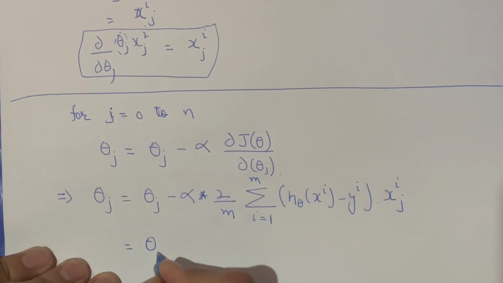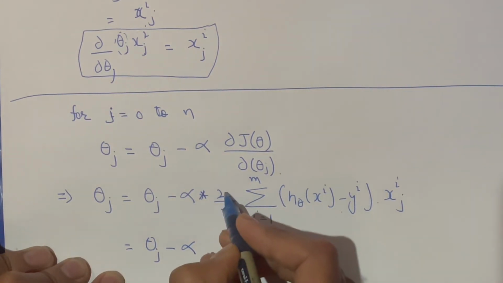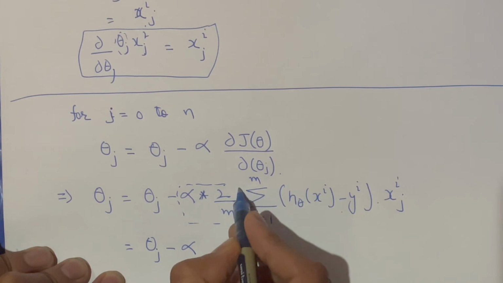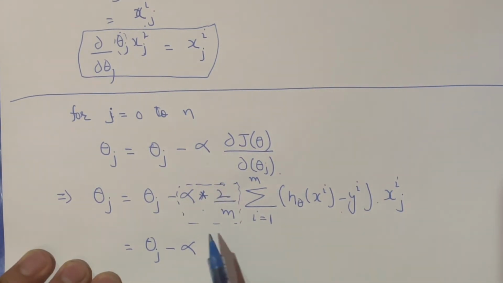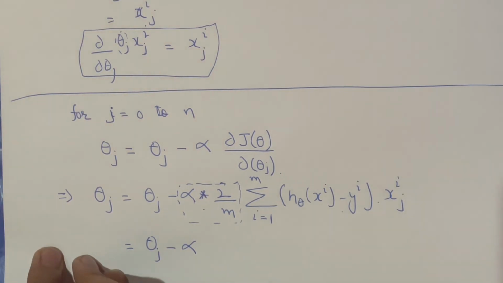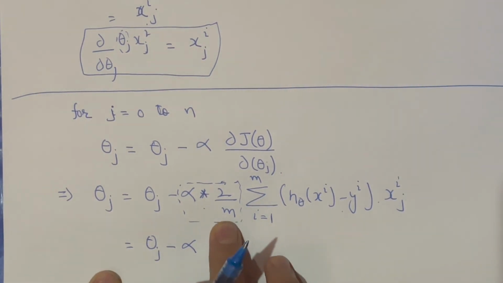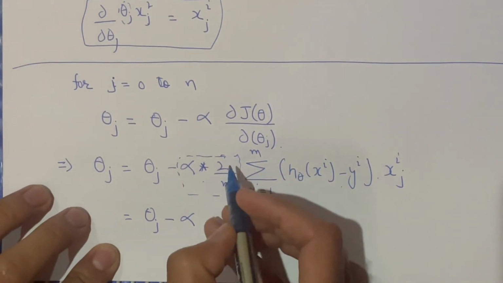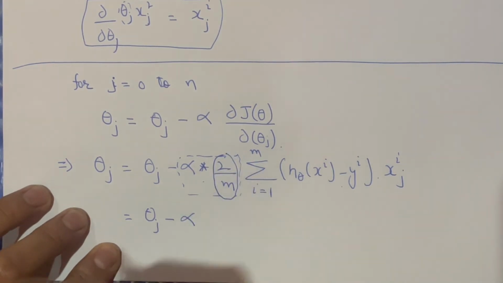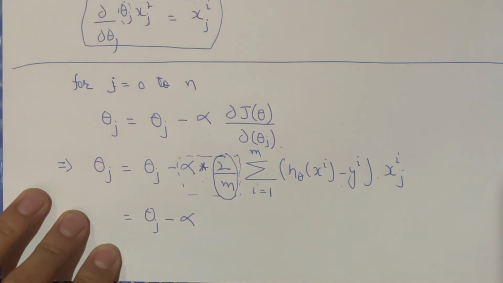Okay, or I can write it like this, theta j minus alpha times. So there is one thing in this particular, so this is a complete constant. As I said, this particular constant determines the jump, what is the size of the jump, whether we are making a small jump or a large jump. So you can easily neglect this quantity 2 by m, because it only determines the size of our jump.